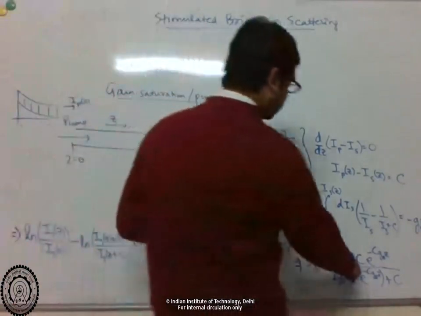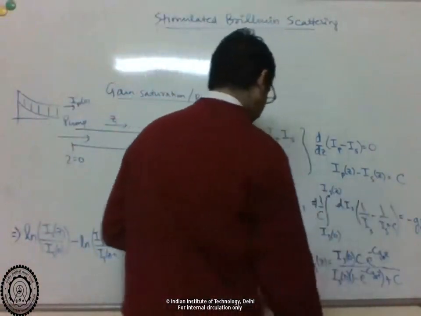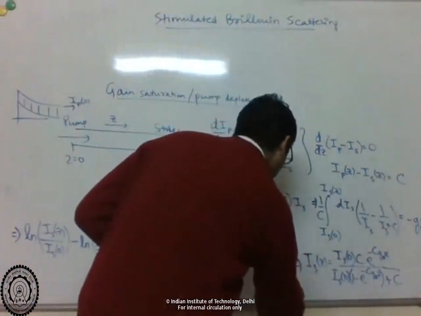First thing we can do is put C equal to IP 0 minus IS 0 here.